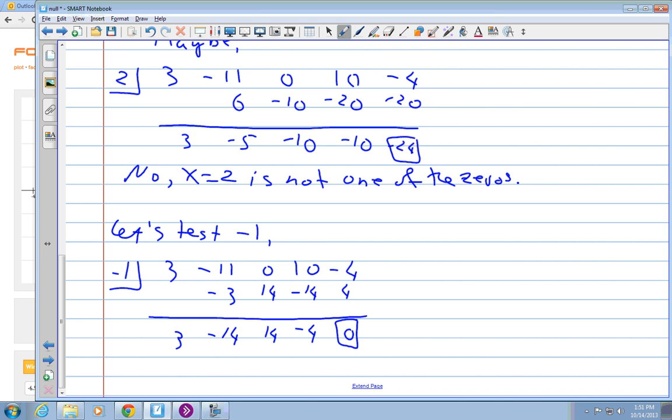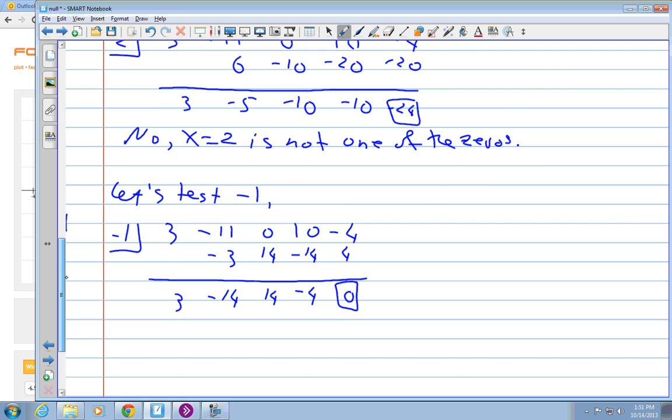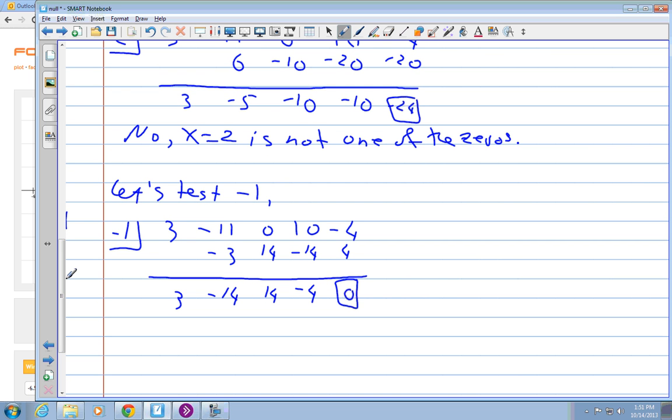So yeah, that one works. All right, so x equals -1 is one of the zeros.